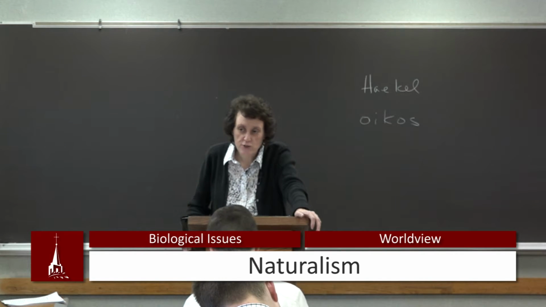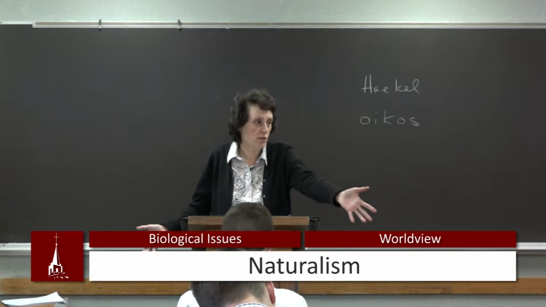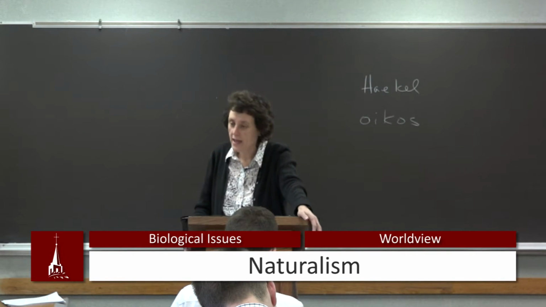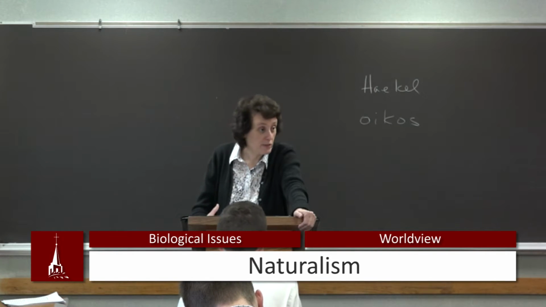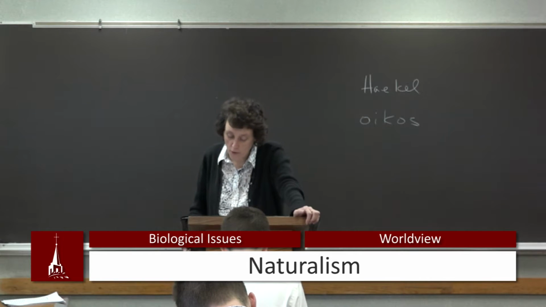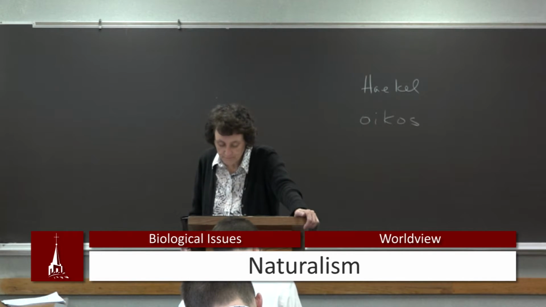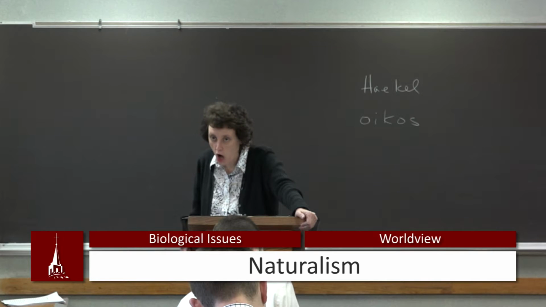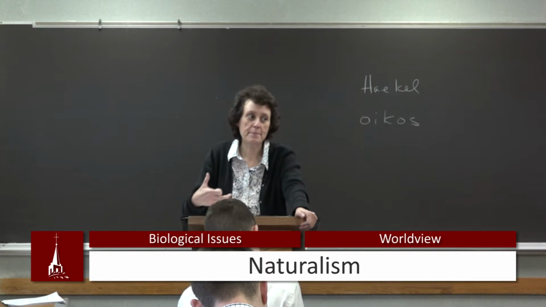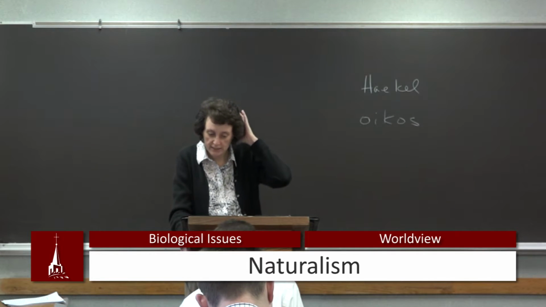No supernatural invention, no creation. So the ultimate truth is that there is no God. And then, rather than God being eternal, matter, or the universe, always existed in some form and is the product of physical processes. Another thing, everything can be explained in terms of natural laws. Hence the name naturalism. Everything can be explained in terms of natural laws.